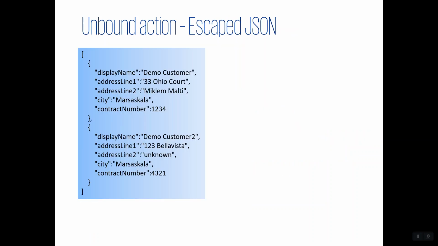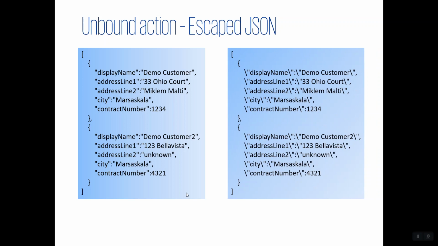This is our normal JSON file. You can see it here. It's an array, and within these braces we have two objects, one customer and a second customer. We add the important fields for each customer. This is what a normal JSON file looks like. How does an escaped JSON file look? It's also a JSON file, but it has an escape character before the double quotes.